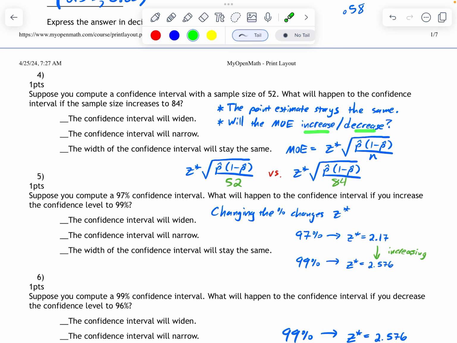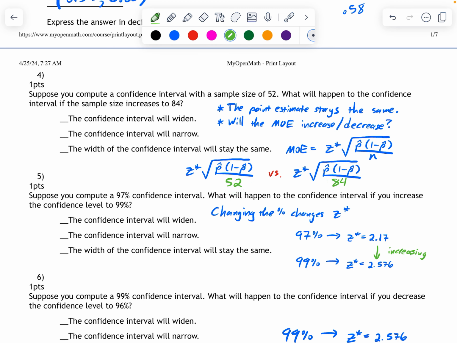And from earlier up, remember, this is the margin of error formula, okay? Changing the sample size does nothing to z-star, and it does nothing to p-hat. So the only thing that's changing is the green numbers of the sample size. So it started at 52, and then it grew to 84. So you can see here that I'm dividing by these numbers.